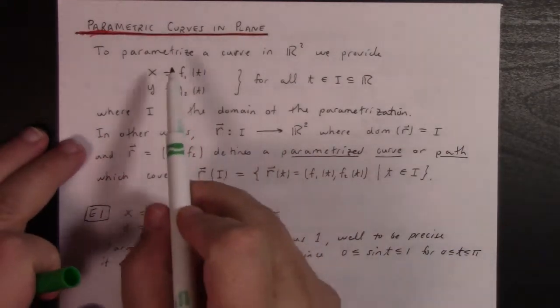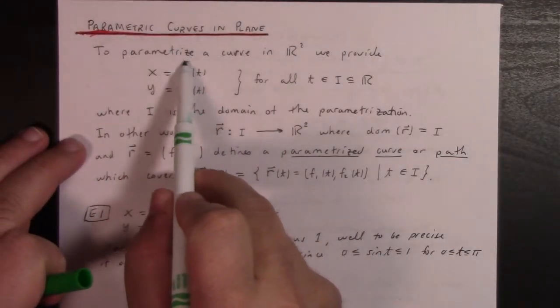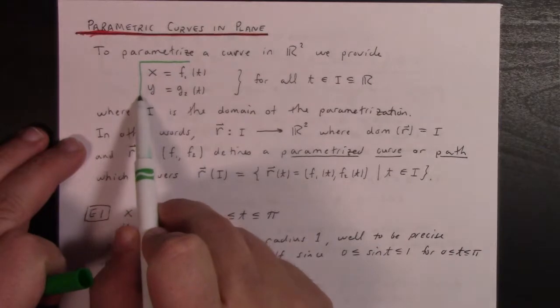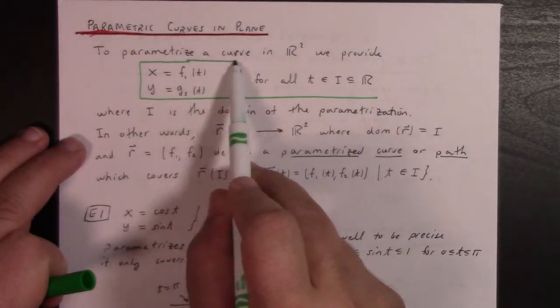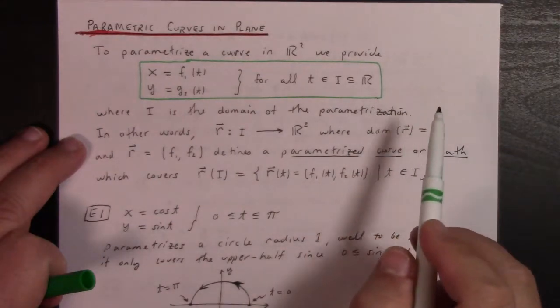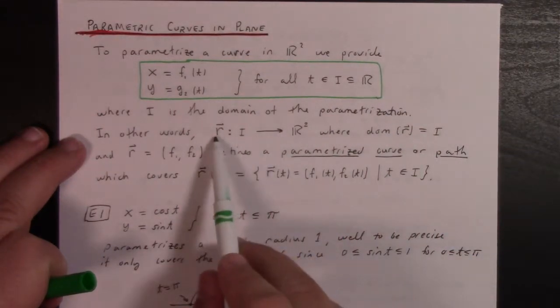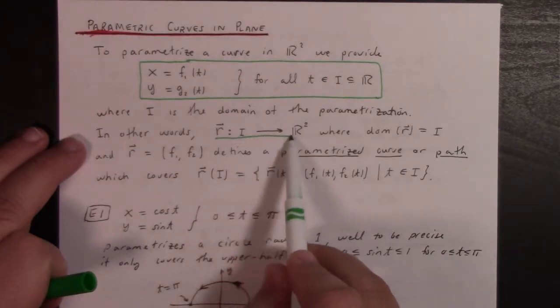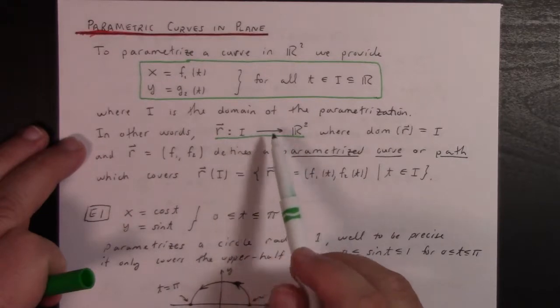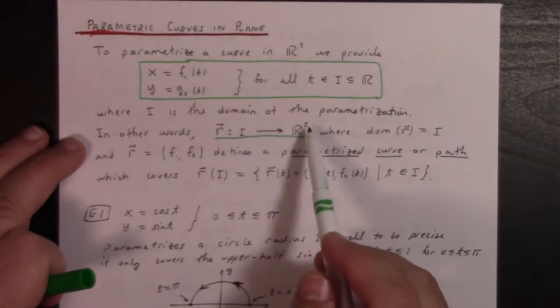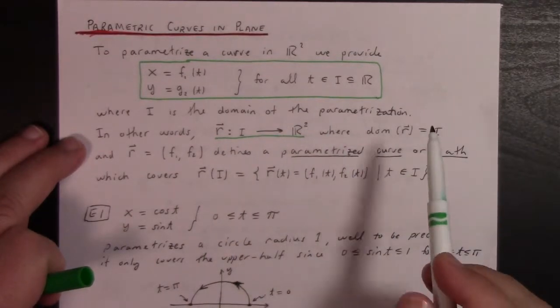But I actually prefer to think of it as a pair of functions that go together. To me, the most natural way to think about a parameterization is as a vector valued function, which is what this notation indicates. It takes in a real parameter t and it spits out a point in R2, which you could think of as a vector.